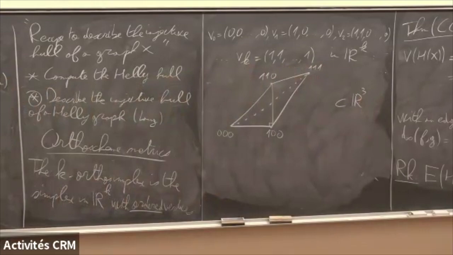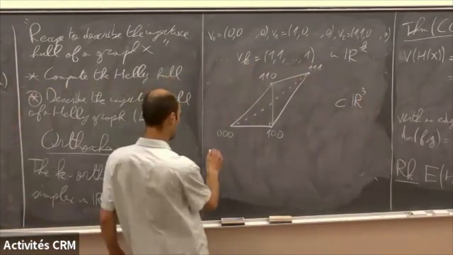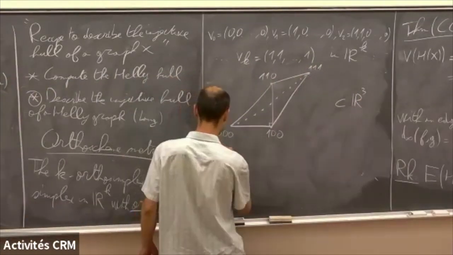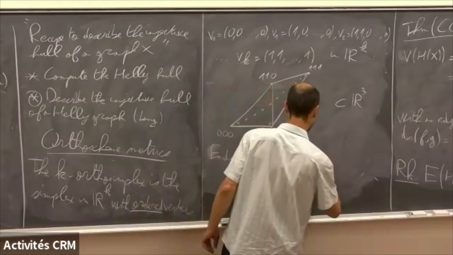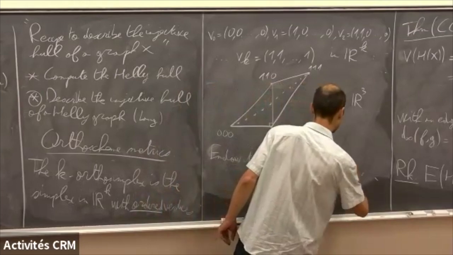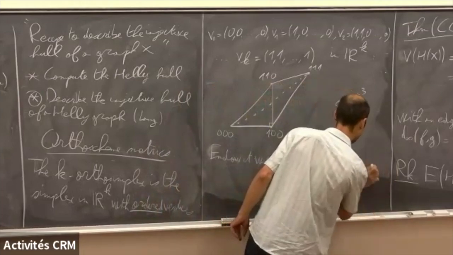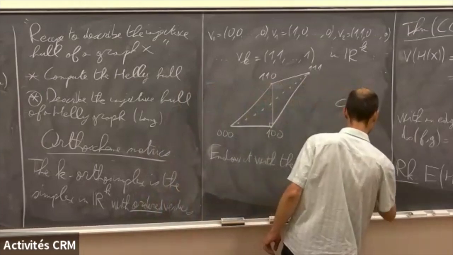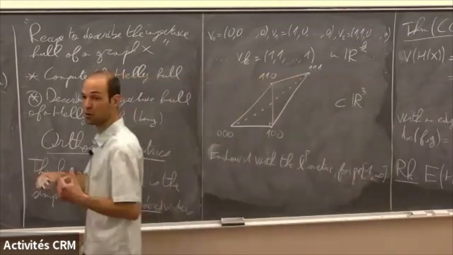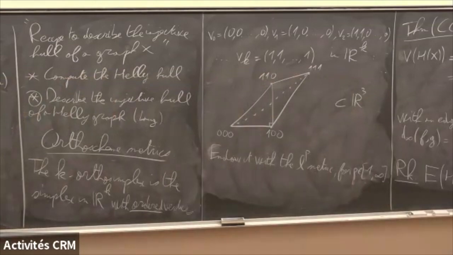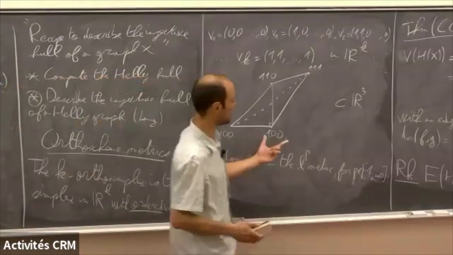Okay. And you can embed it, so endow it with the Lp metric, for p, well, it's interesting to have any value of p, between 1 and infinity included. So this shape is also what you get if you take the barycentric subdivision of the cube of edge length 1.